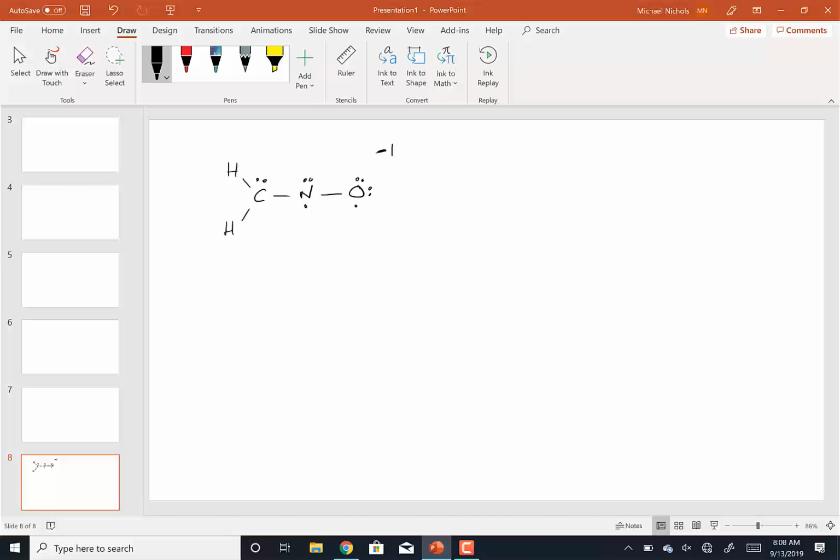Now you just want to start moving the little pairs of double bonds around to form the other two.